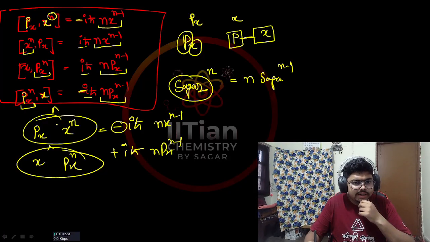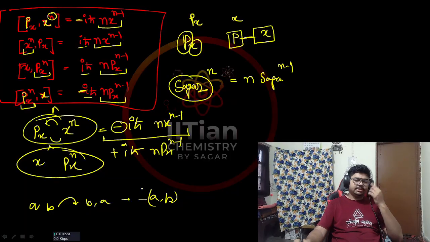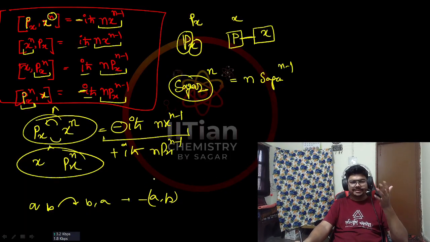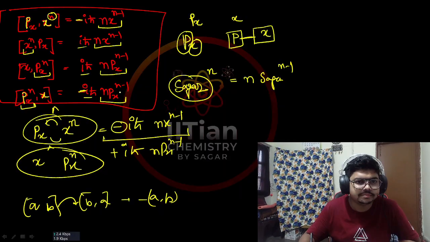Now when we invert it, that is p_x and x to the power n, we will write it as x to the power n and p_x. That means if it is [A, B], and we write [B, A], there will be a minus [A, B]. This is the basic property of a commutator, isn't it?